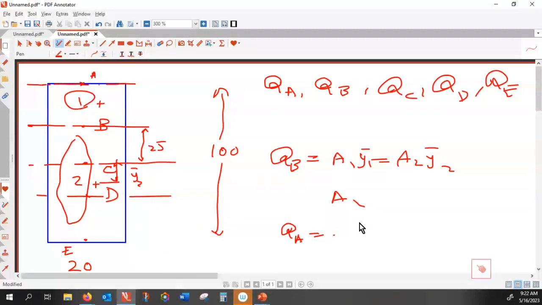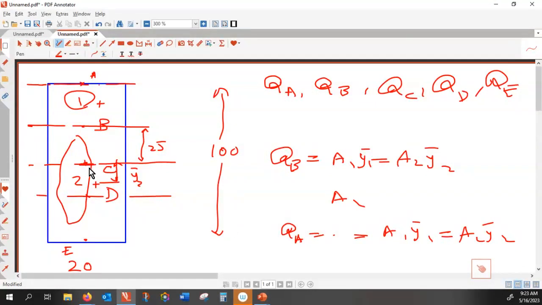Okay, so this can be done in two pieces, two formulas. That is A1 Y bar 1, A2 Y bar 2. So it's easier to calculate this from the upper piece. The area is 0. If you try to do the lower one, you find out that the A is not 0, but what is Y2 for the lower piece?